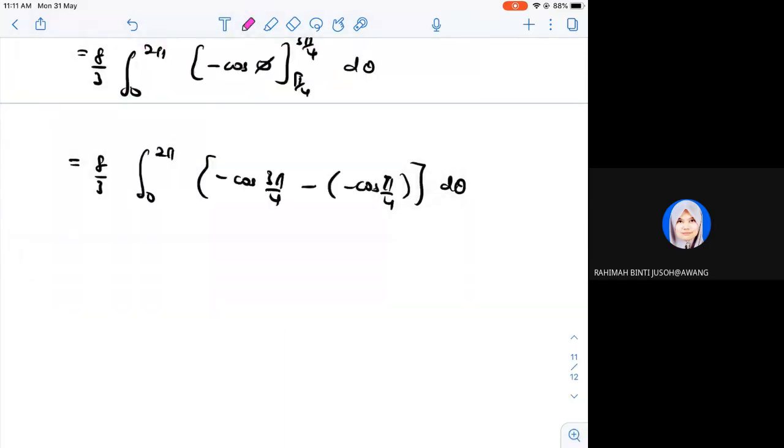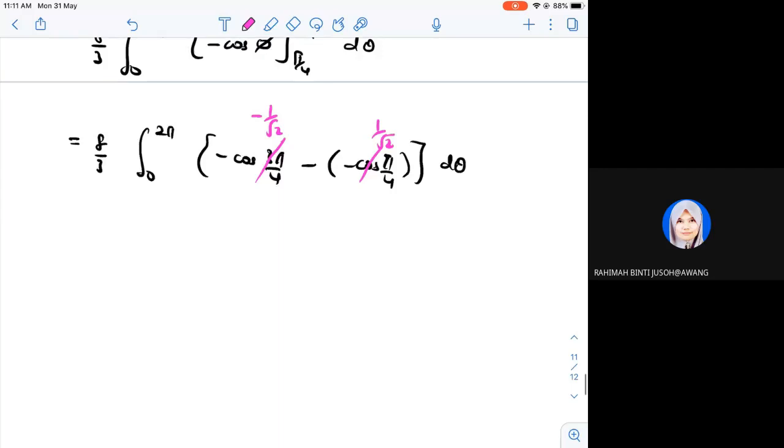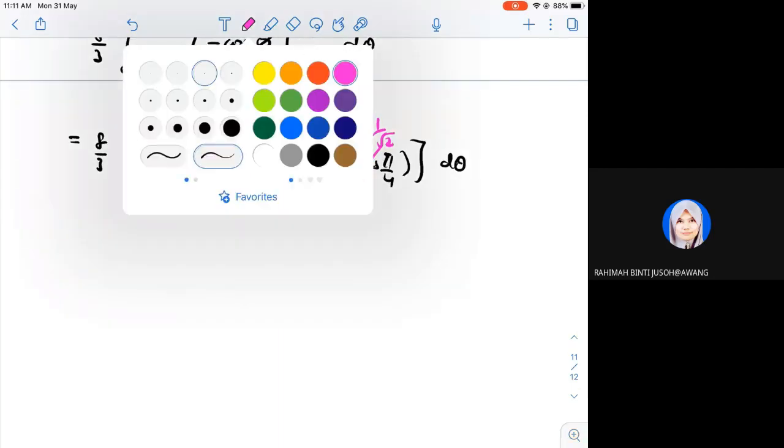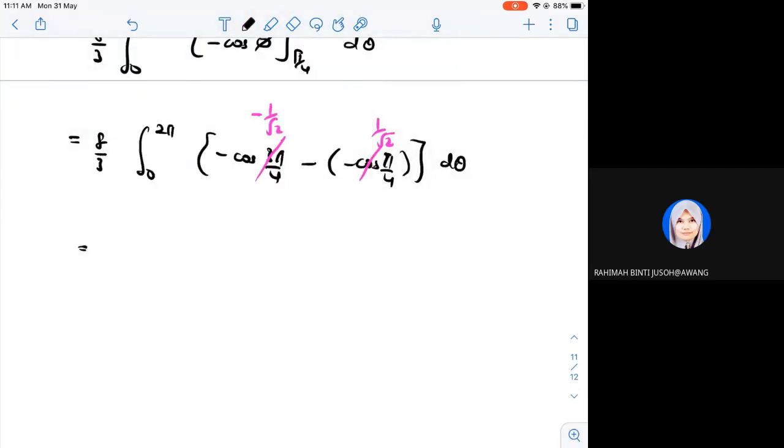Okay, so cos 3 pi over 4 is negative 1 over square root 2. And here also cos pi over 4 is 1 over square root 2. So we will have 8 over 3. Negative becomes positive, minus plus 1 over square root 2 d theta. So we will have 2 over square root 2, isn't it?